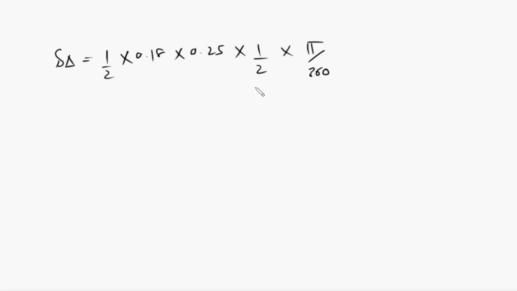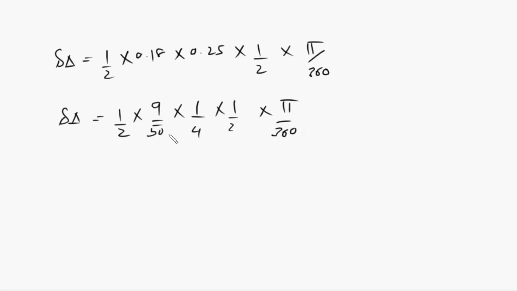So gawanya mpaka tugeuze zote into fraction kwanza. Hii itakuwa ni 18/100. This is just 9/50 times, hii itakuwa ni 25/100. This is just 1/4 times 1/2 times pi over 360.